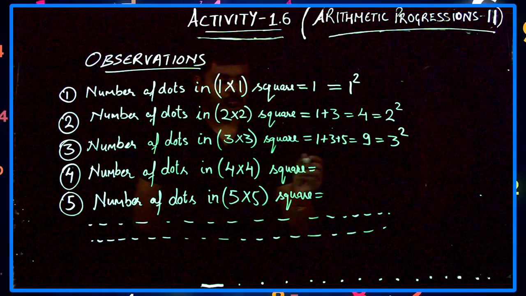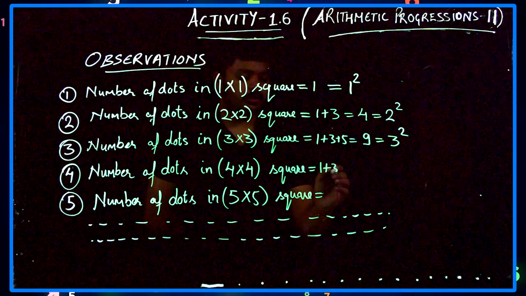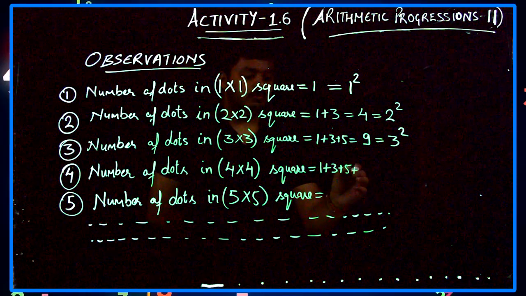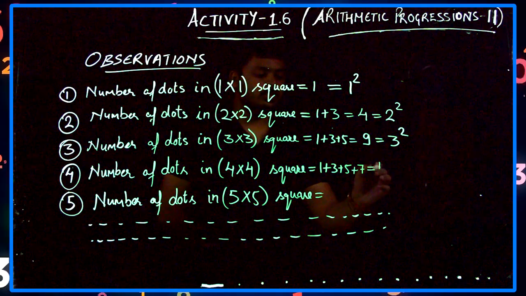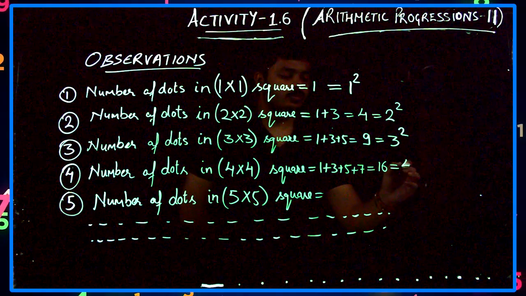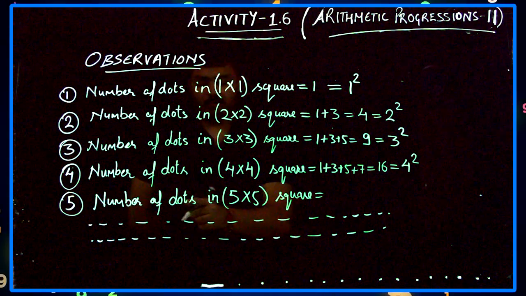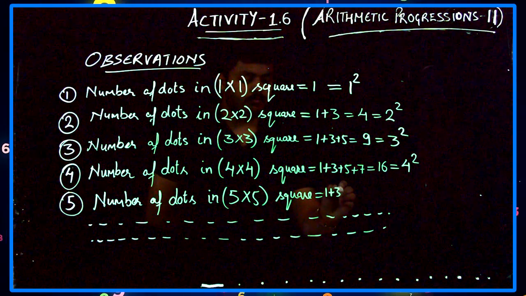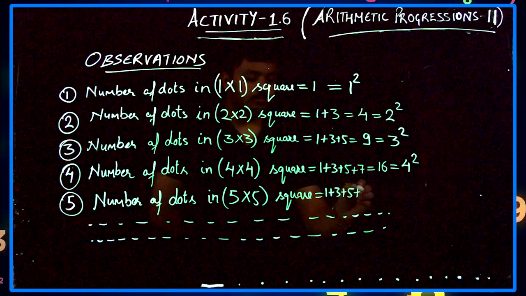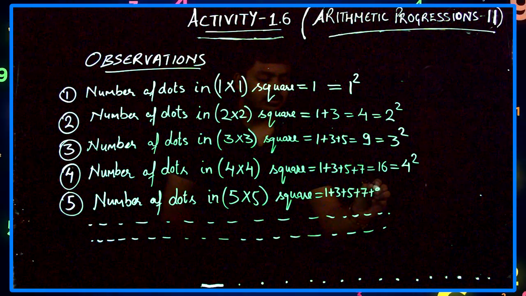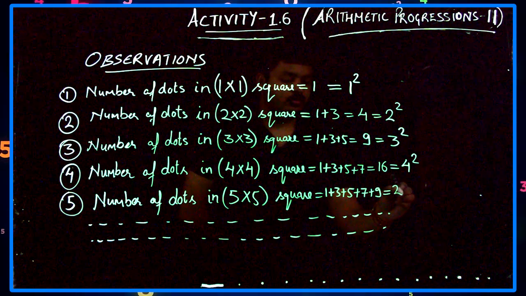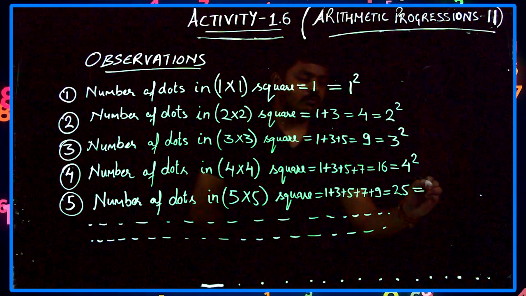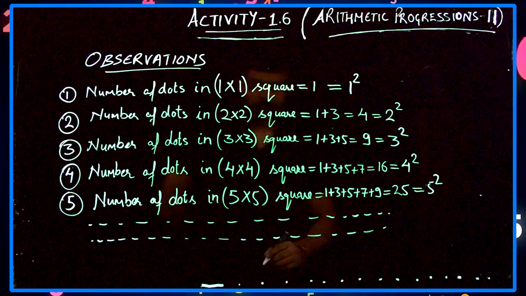The number of dots in the 4 by 4 square is 1 plus 3 plus 5 plus 7 equals 16, equals 4 square. The number of dots in the 5 by 5 square is 1 plus 3 plus 5 plus 7 plus 9 equals 25, that is equal to 5 square.